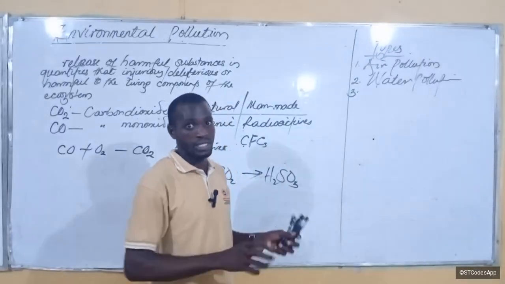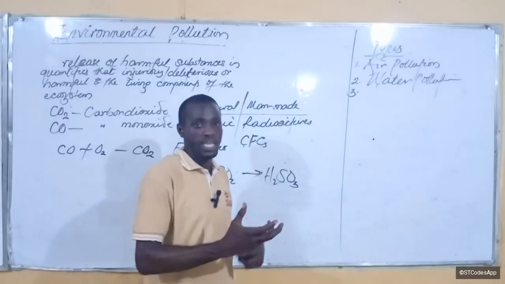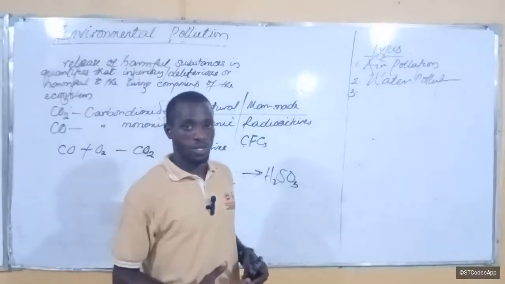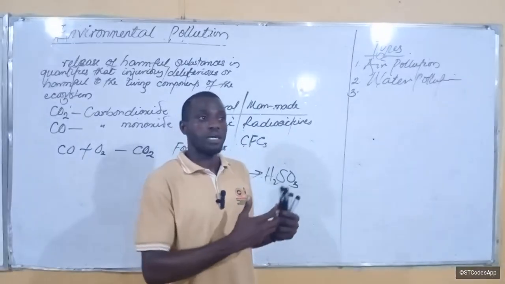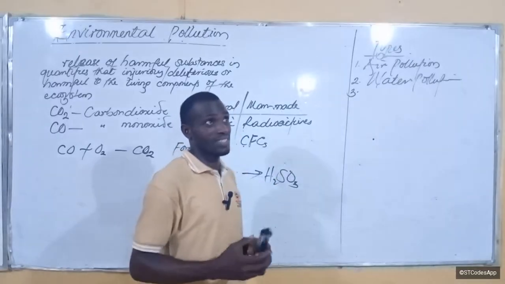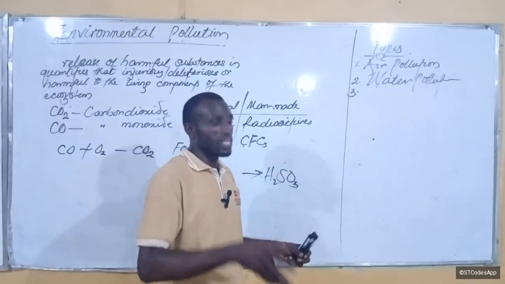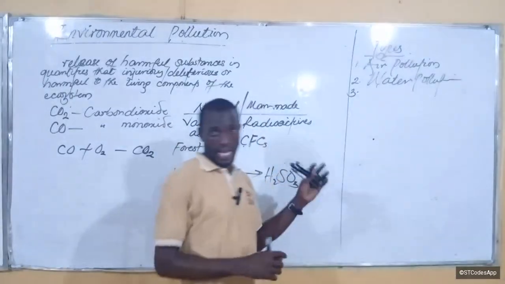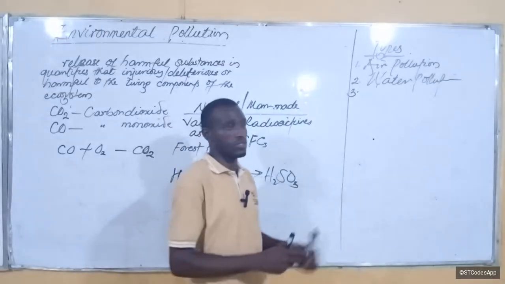Anthropos refers to man, then genic, that is source. So anthropogenic source is a human-induced phenomenon, human activity induced pollution. You understand what I'm saying, yeah? So the point is that they are both natural and human caused.